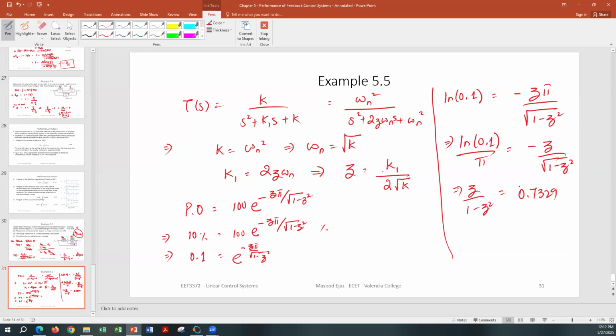That we discussed as how far that third pole is. Remember, we discussed the effect of the third pole. If that pole is far enough, then you can still estimate the transfer function using a second order system. But if that pole is close, then really you will have to go and plot the system.